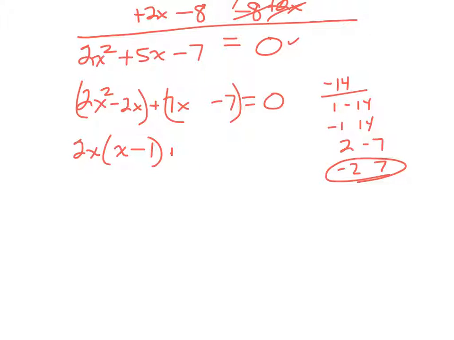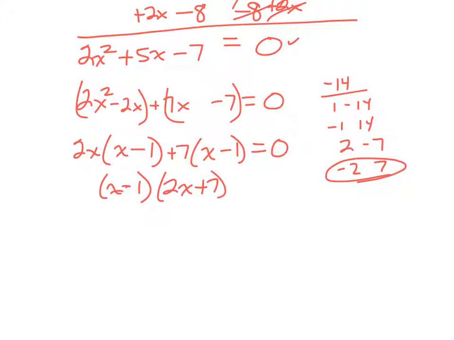Take a 7 out of the last 2. 7 out of 7x leaves x. 7 out of negative 7 leaves negative 1. So we have a factor of x minus 1 and a factor of 2x plus 7. And step 2 is done. We got it factored.